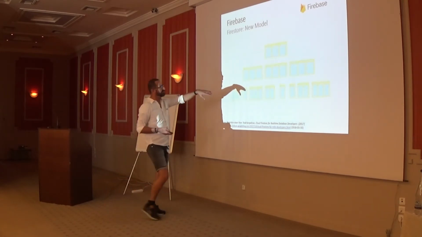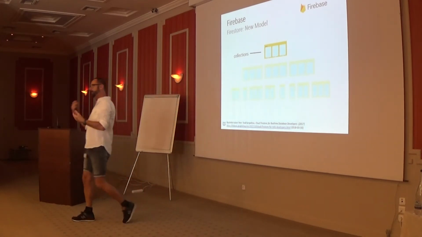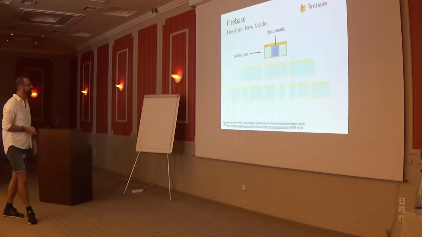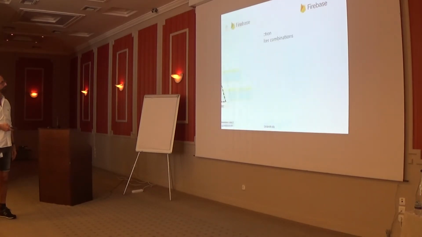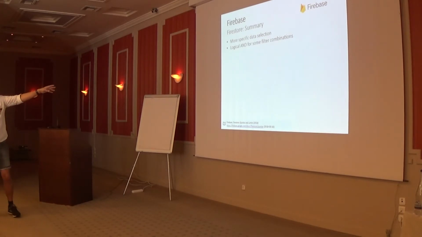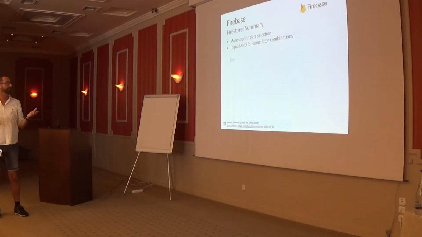What they did is they improved the data model. Now they have collections of data, so there are many documents within a collection, and they can relate them to each other in tree-like structures, and they improved the expressiveness of their queries by this. You now have logical AND for some filter combinations. That was it.